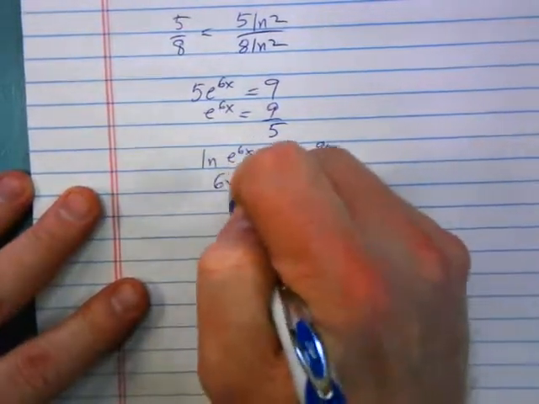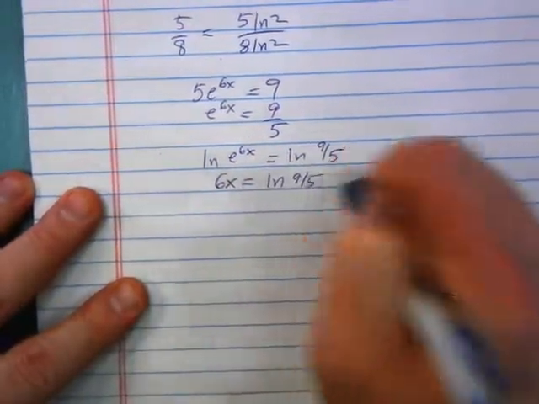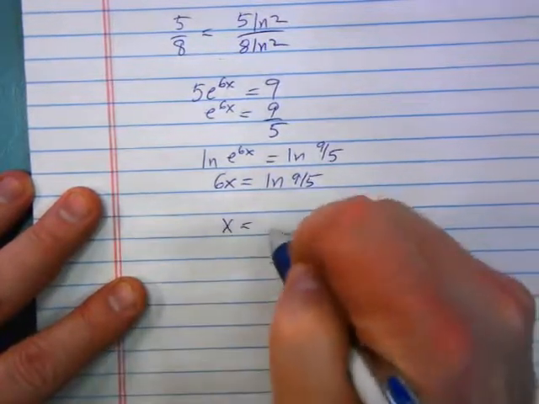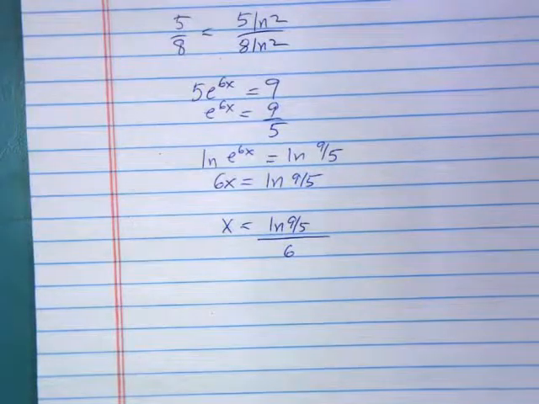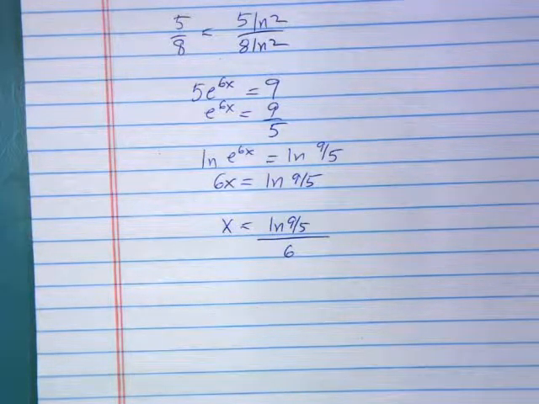So we would have 6x is ln 9/5. Divide, x is ln of 9/5, all divided by 6. So that's the kind of problem where you would use ln on both sides. Use ln to get rid of e's. Other questions?